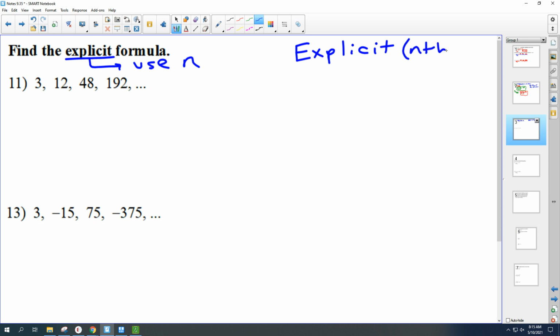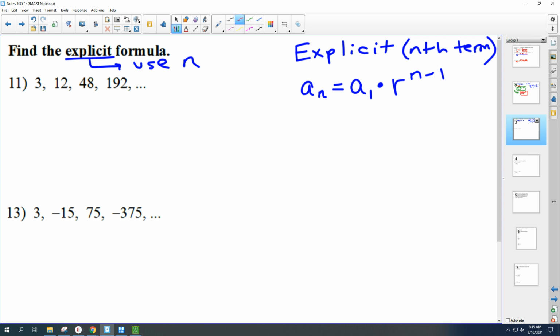Sometimes we call it the nth term formula. An equals a1 times r to the n minus 1 power. So we need that formula. Every time we see explicit on a geometric, we're going to use that formula.